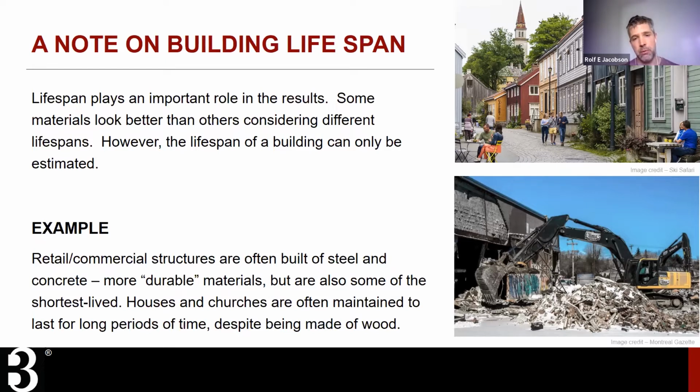And each time those are replaced, we're adding more impacts. So by the end of 100 years, the impact from the choice of vinyl cladding could actually be more than the impacts from brick or metal cladding, which have a lifespan of closer to 100 years, but they're not replaced. If we selected a building lifespan that was very short, 20 years, then it would be biased towards those shorter life products.